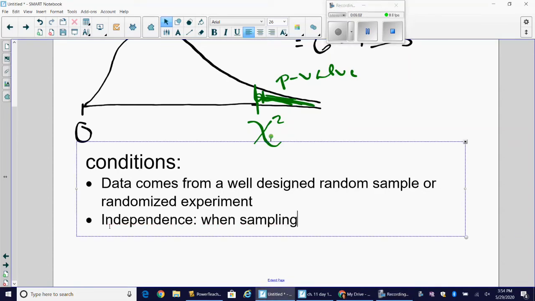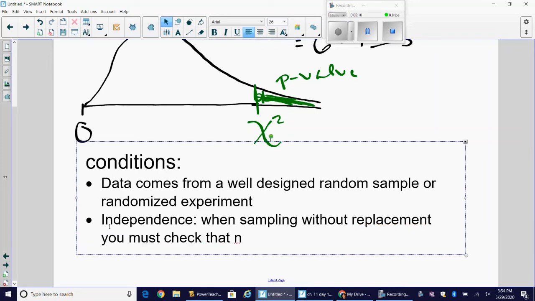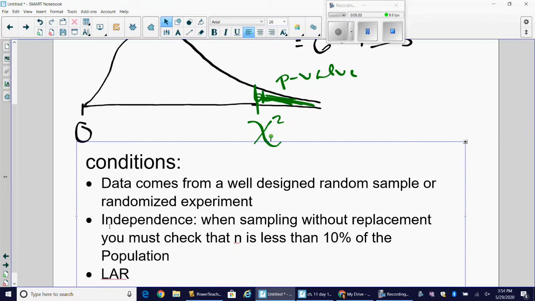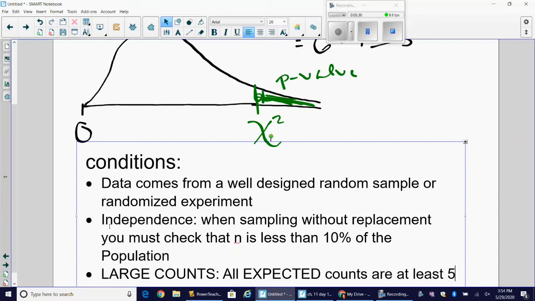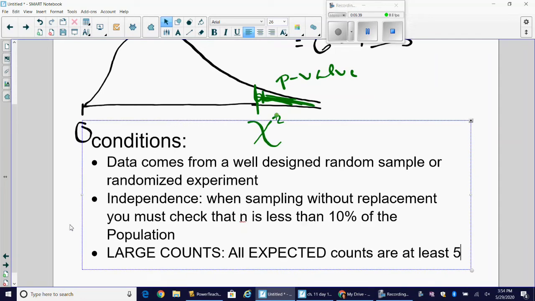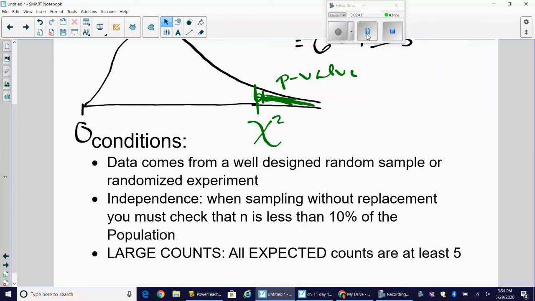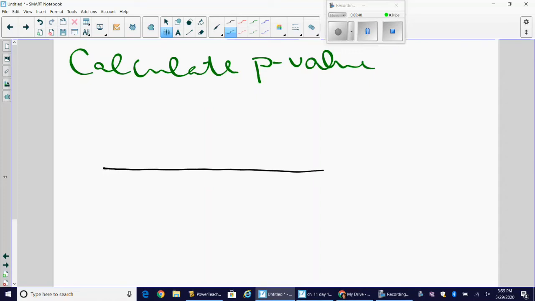Either you sample with replacement, which Morgan didn't, she just got a random sample out of a big bag of M&Ms, or you check that N is less than 10% of the population, which in this case, her scoop was less than 10% of the population in the bag. And then also make sure data is all in counts and that all the expected counts are at least 5. She had a large enough sample. This is the large enough condition.